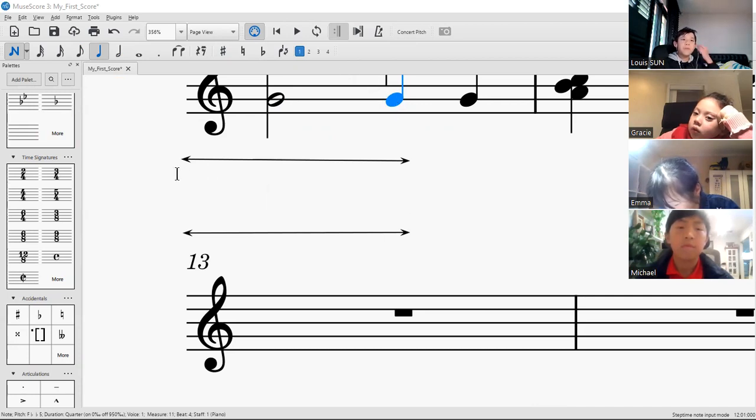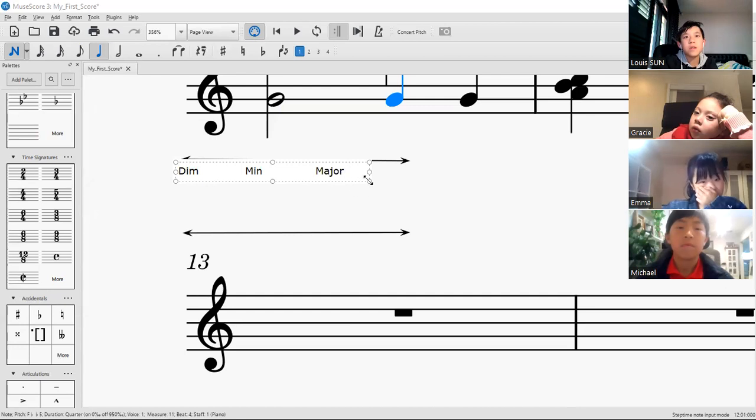So to the very left, diminished intervals, minor intervals, major intervals, and to the far right, augmented intervals.